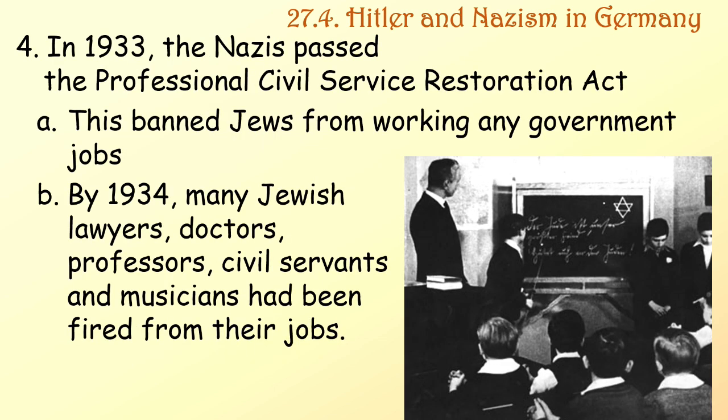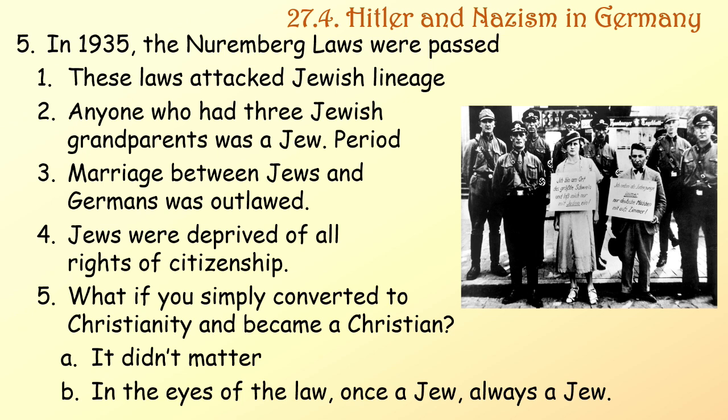In 1933, the Nazis passed the Professional Civil Service Restoration Act. This act banned Jews from working in any government jobs. By 1934, many Jewish lawyers, doctors, professors, civil servants, and musicians had been fired from their jobs. In 1935, the Nuremberg laws were passed.